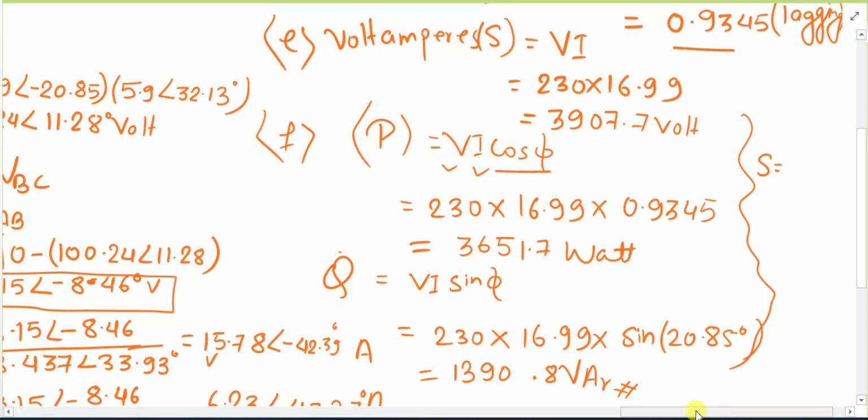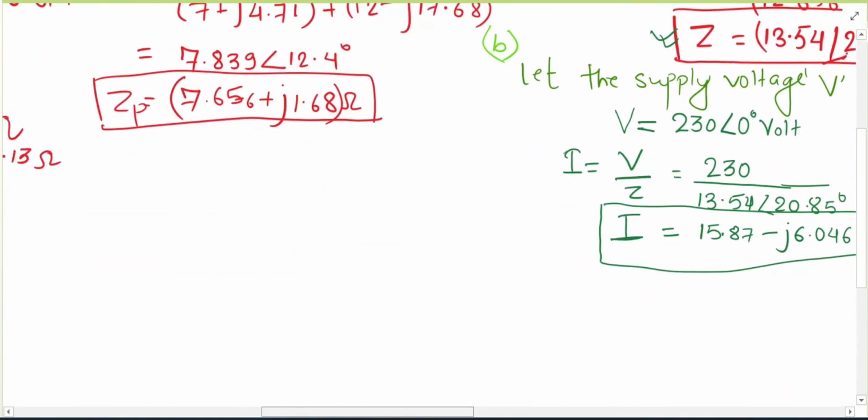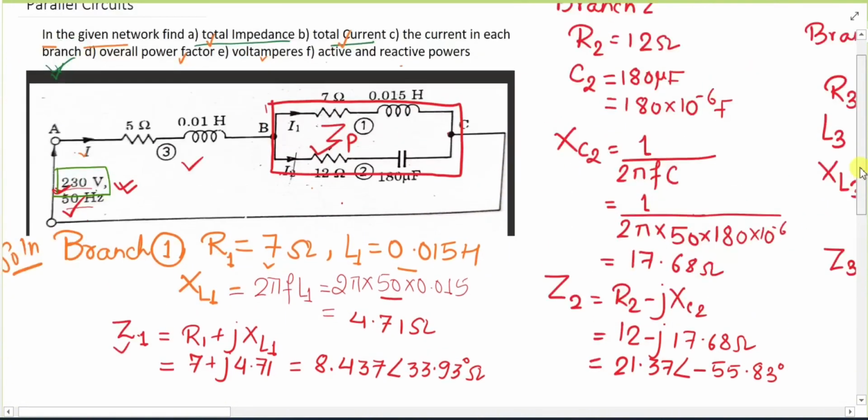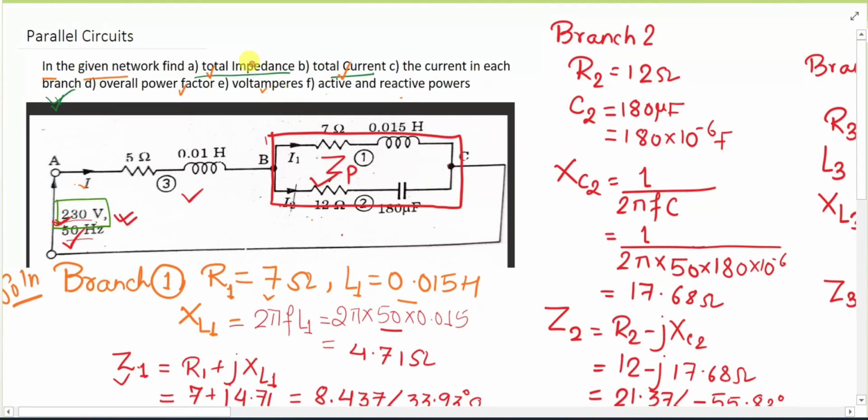Now let me summarize all the process so that it will give you a clear concept. Initially you are asked to identify the total impedance. First jot down all the parameters you are provided. Once you do that, we can see that 1 and 2 are in parallel.